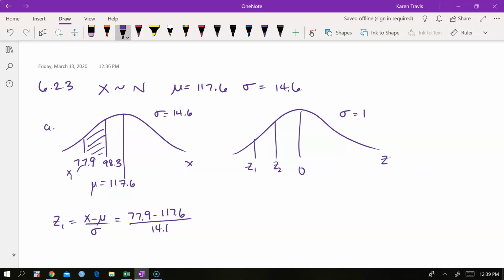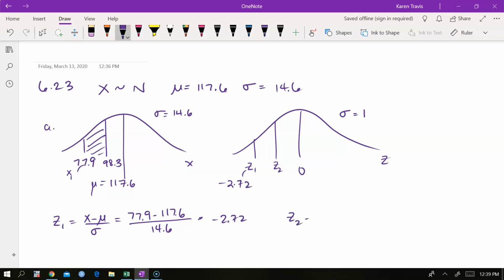So I'm dividing by 14.6. My first z-score will be negative 2.72. That's what this is, negative 2.72.